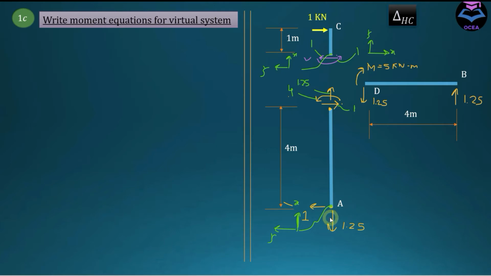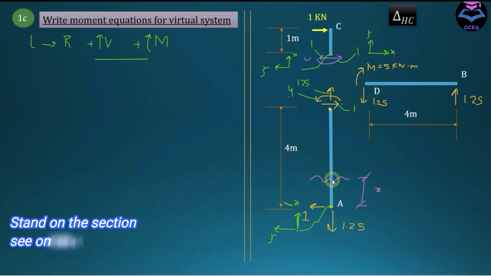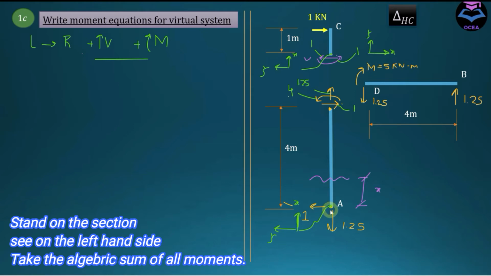When I write equations, I usually move from left to right. So I start from here and go here. So when I move from left to right, I take upward shear force as positive and clockwise moment as positive. To write the moment equation, stand on the section C on the left hand side. Take the algebraic sum of all the moments.